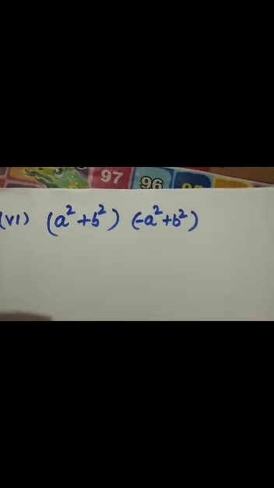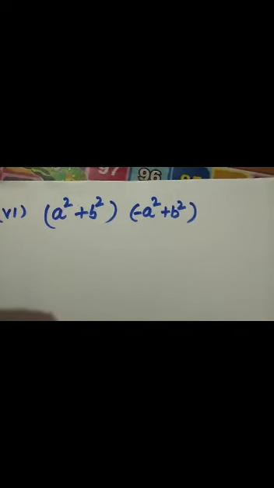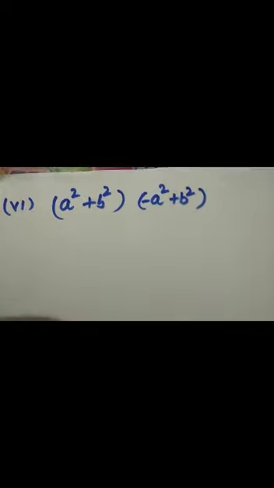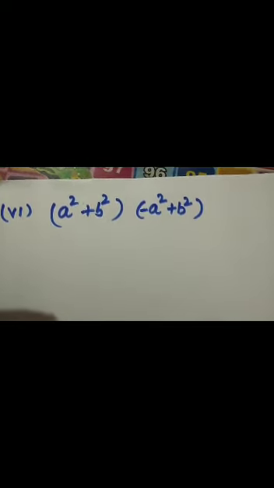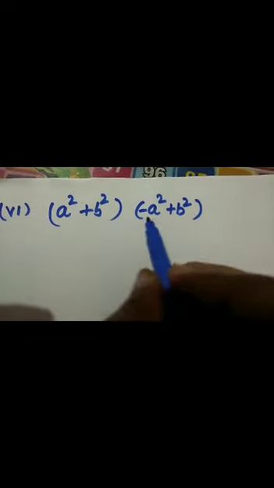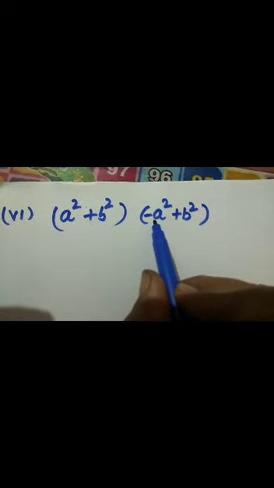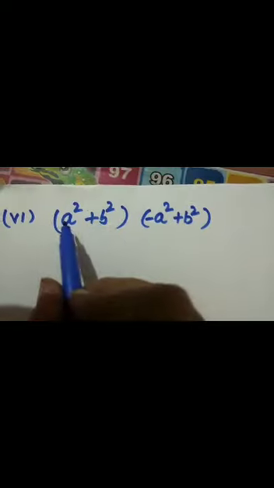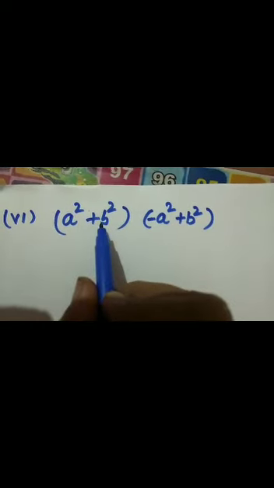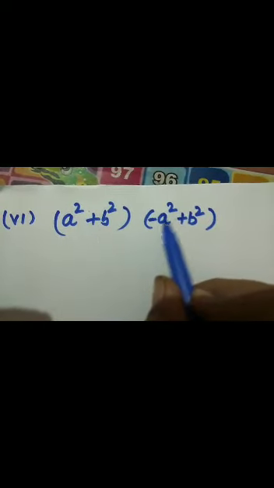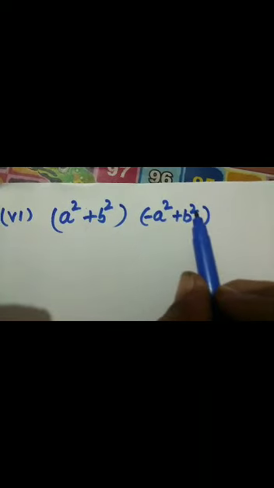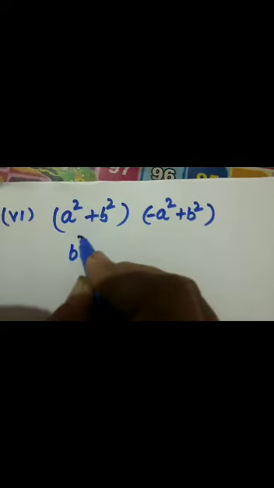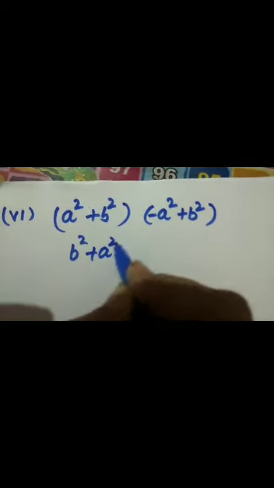Now the sixth part of question number 1, that is (a square plus b square) into (a square minus b square)... here one sign is negative, meaning in a square plus b square both the signs are positive, and here one sign is negative. So what we can do is write this as b square plus a square also.